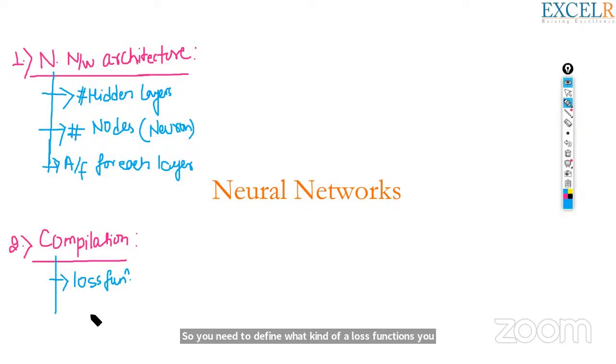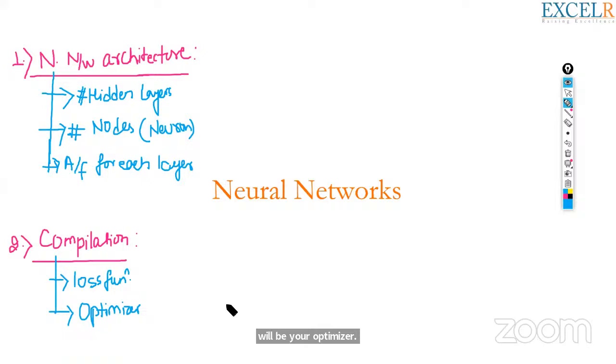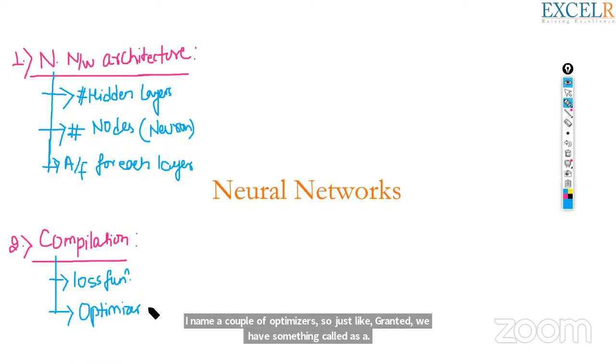And then you need to select your optimizer. As I told you, gradient descent is one of the very basic optimizers, but apart from that, we have a number of optimizers available. If I name a couple: just like gradient descent, we have AdaGrad, which is one kind of optimizer.